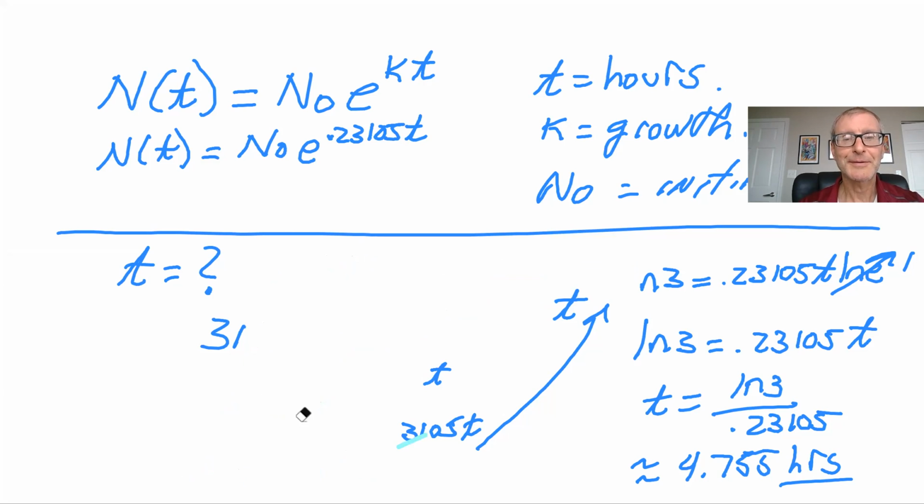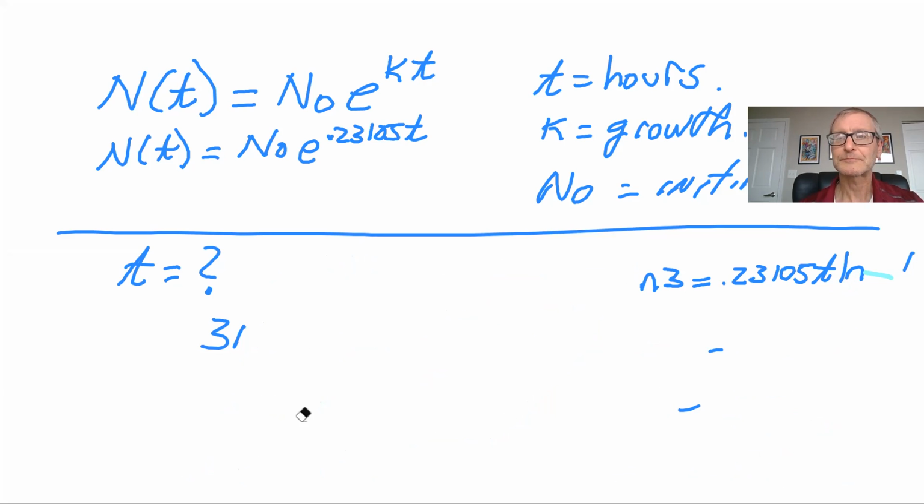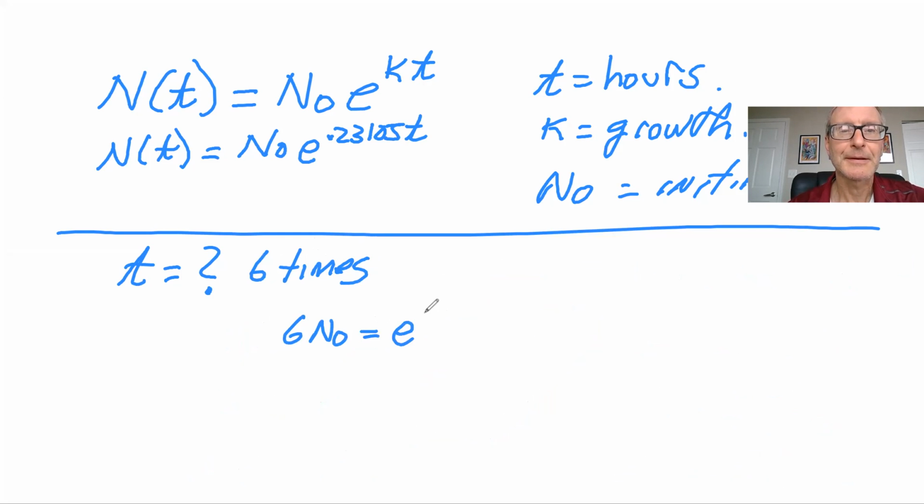And I want to point this out because this is a typical mistake sometimes people make. Because look what will happen. Instead of doing this, we're going to do 6 times n0 e to the 0.23105t. I forgot my n0 there.